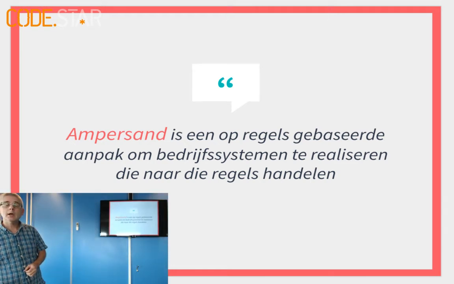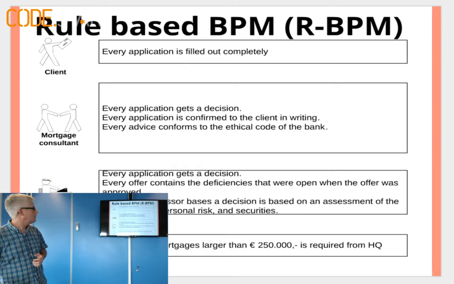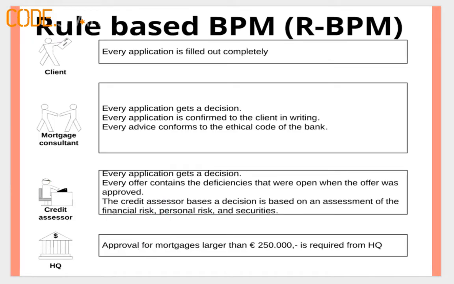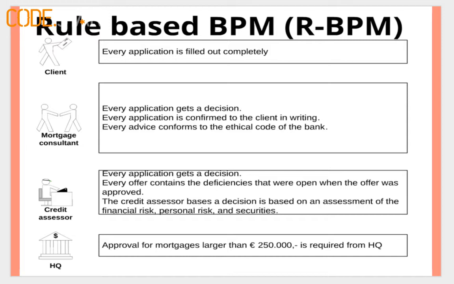That can be illustrated with an example. It's in English, so that's not too bad. This is an example of a process that is totally defined by business rules. And we at Ampersand believe that processes can be defined and made executable not by specifying BPMN diagrams, saying first you have to do this, and then the next thing has to be done.